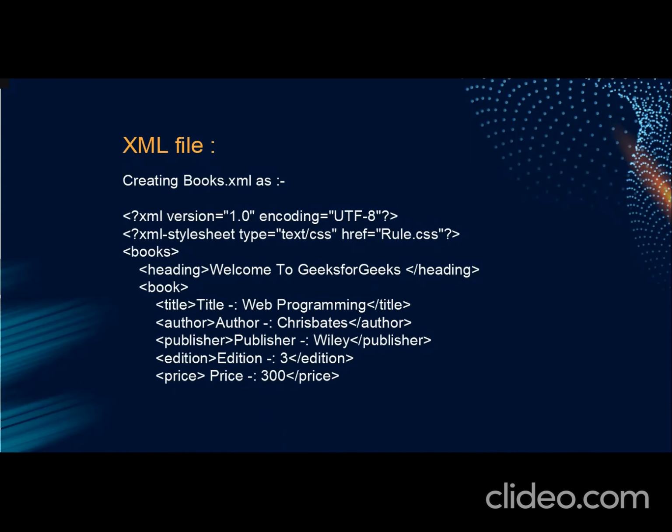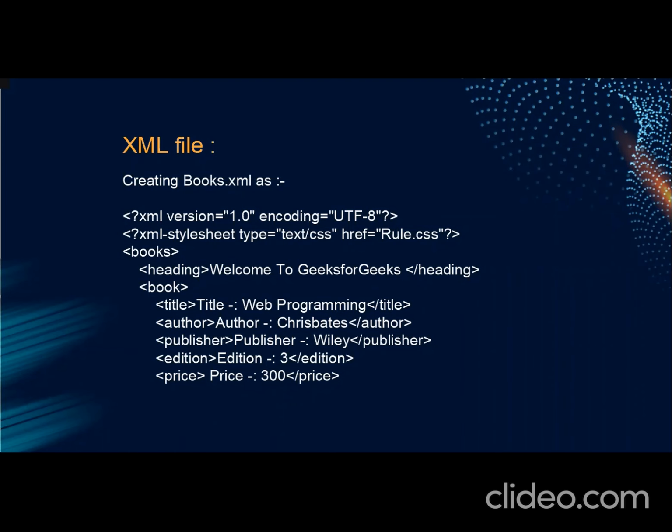That is, here stylesheet type equals text/css and the href attribute, that is rules.css. While we are writing an HTML file, we have to use some tags, like the heading tag and paragraph tag. So I'm using books as one tag.